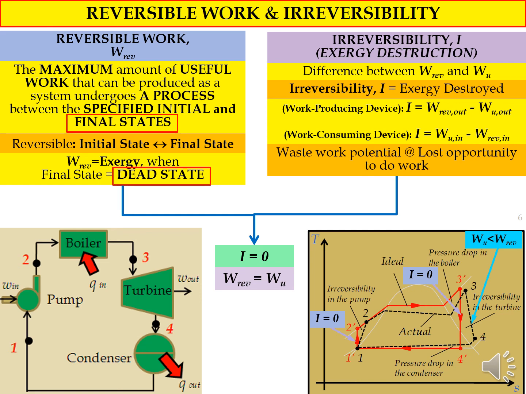This is for work producing devices, where the reversible work should be larger than the useful work. And for work consuming devices, the useful work is larger than the reversible work, and it should always be like this, where the useful work is larger than the reversible work.